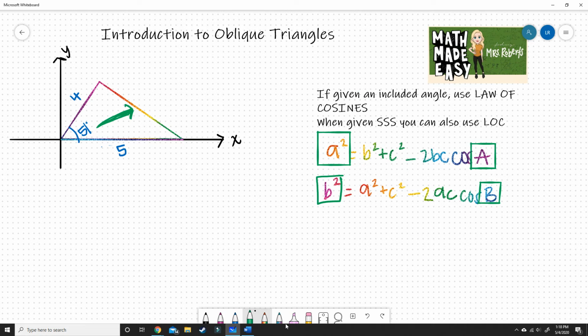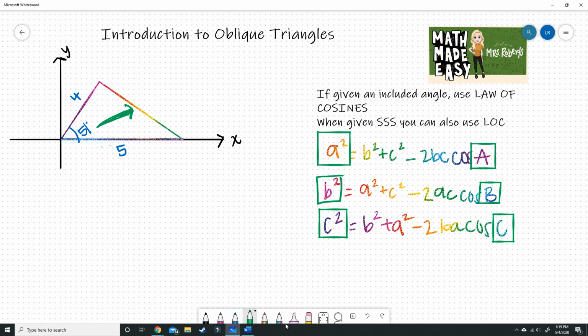The last one would be c squared. If you're looking for c squared, then you have to have b and a. Again, it doesn't matter what order these go in, but it's important that the side and angle match up.